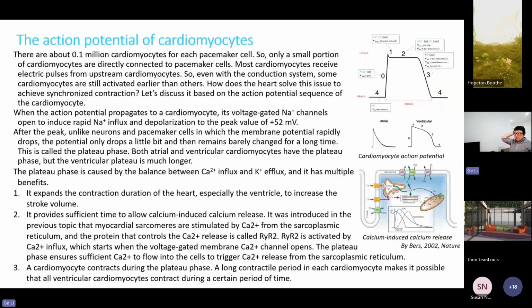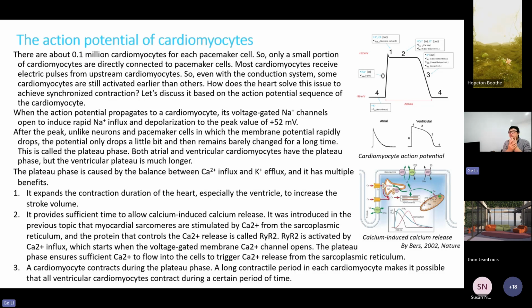In the first class we talked about how the key feature of the heart is to make sure that every single cardiomyocyte in the ventricle can contract together. How can we do so?